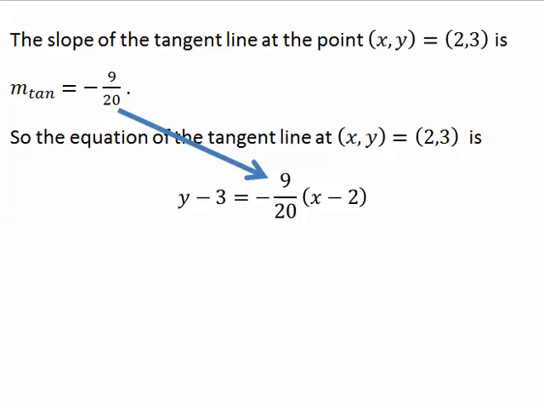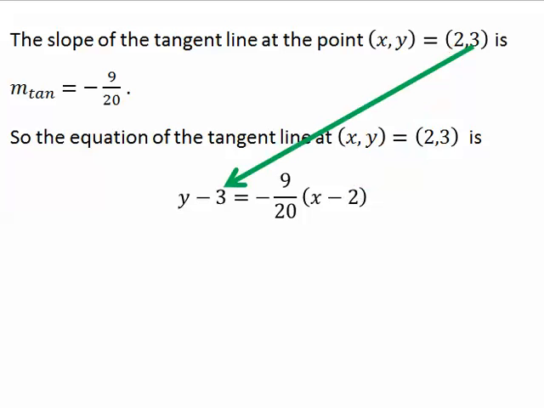And this is what I get. I want to help you figure out where everything came from. So that negative 9 over 20, that's the slope of the tangent line. The 2 comes from the fact that at the point (2, 3), x is equal to 2.